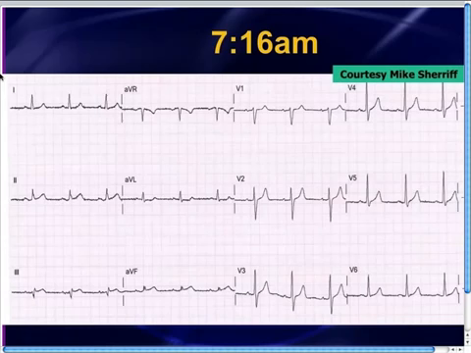Now recall that when patients have inferior wall STEMIs, the most common lead in which you see reciprocal changes is lead AVL. So essentially, what these EKG gurus have taught us is that sometimes when a person's having a STEMI, the first EKG abnormality that occurs is not the ST elevation.